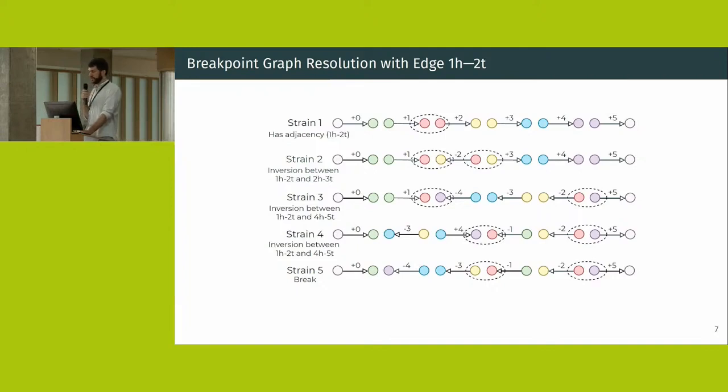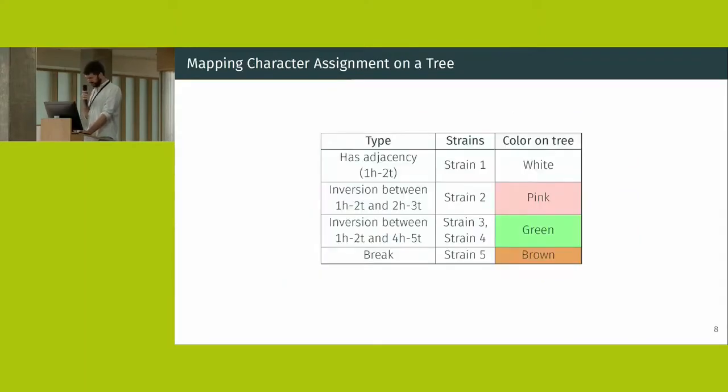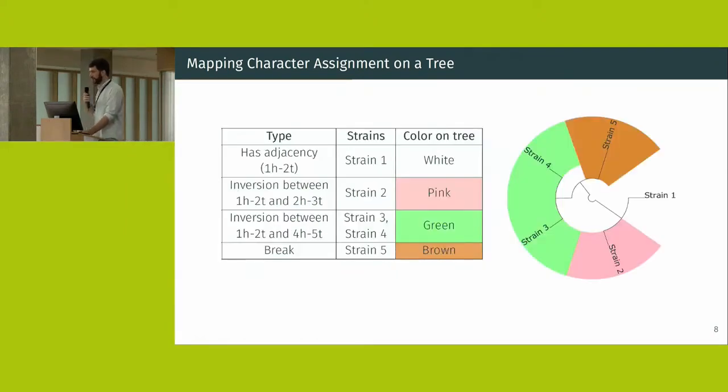This gives us the possibility to say what exactly happened with a particular adjacency in all the strains, and according to this information, we color them on a tree. All the colors are different, except for strain 3 and strain 4. For them, the color is the same, green.